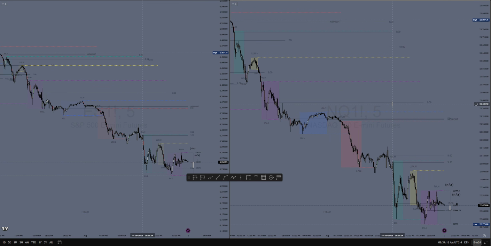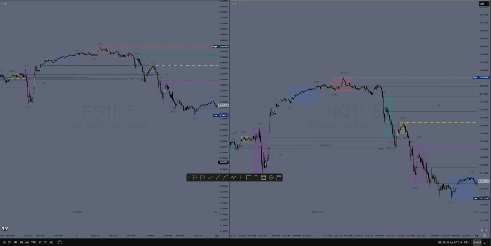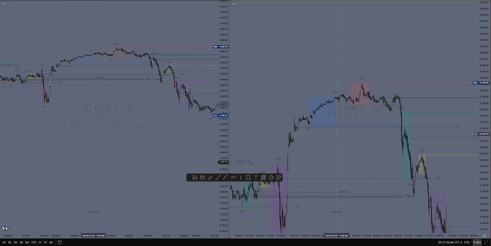Because of our silver bullets or even our macros with New York, we would usually have accumulation in Asia, or London would be manipulation. Well, right here is a prime example, really.